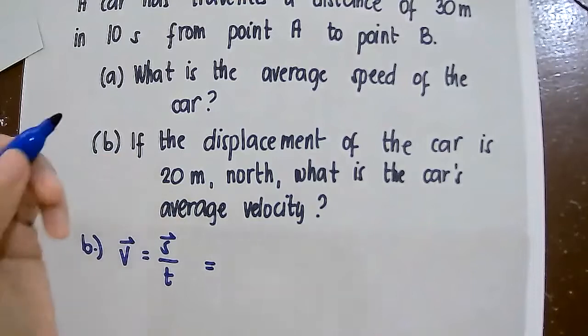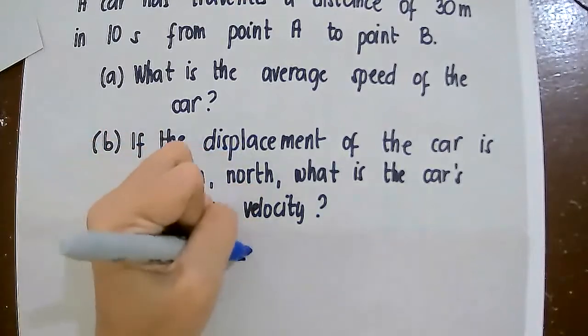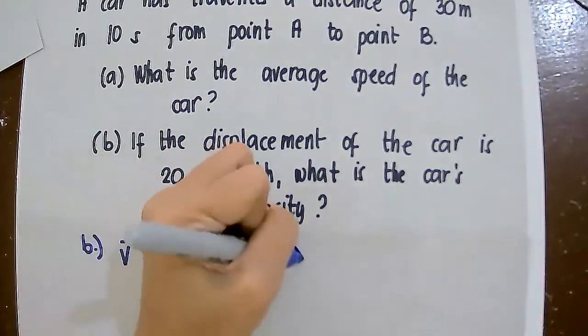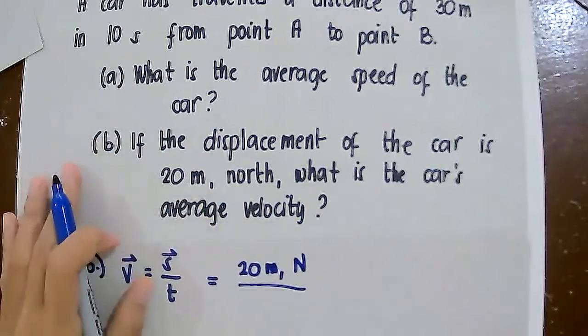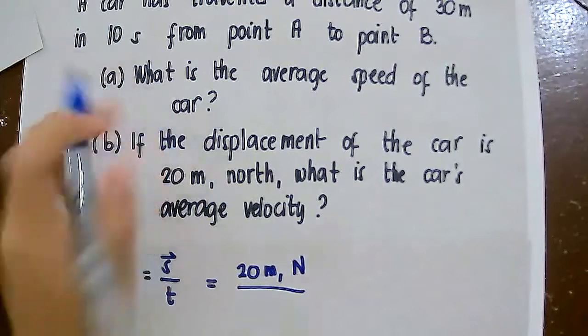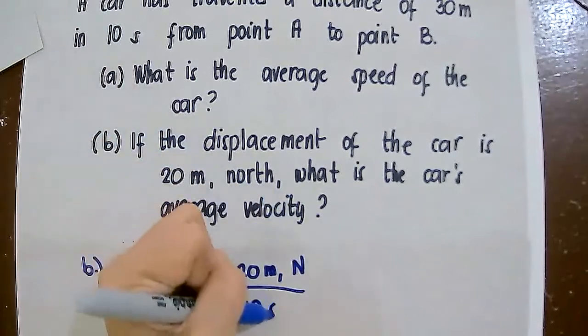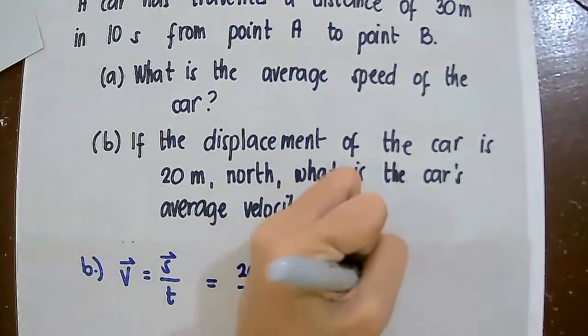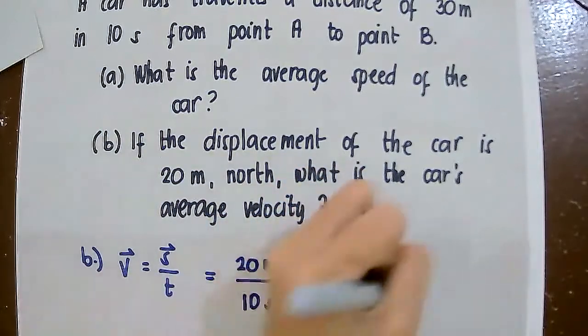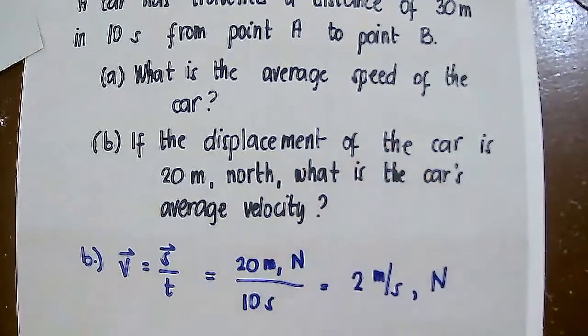This is just your 20 meters north divided by the time it took for the car, that's 10 seconds. Okay, so you divide, you will get 2 meter per second and due north. So this is now your velocity.